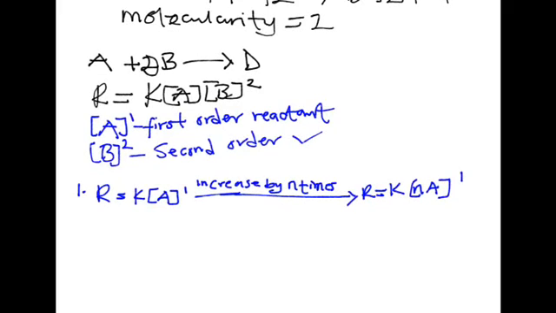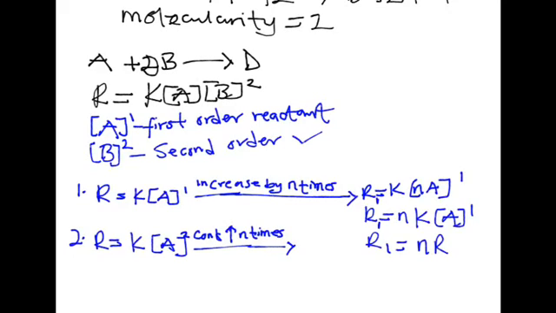So our rate here is going to be n times. If our initial rate is R, let's call our final rate after increasing the concentration R1. In this case, we can say that R1 is equal to nR, that is, n times the initial rate of the reaction.